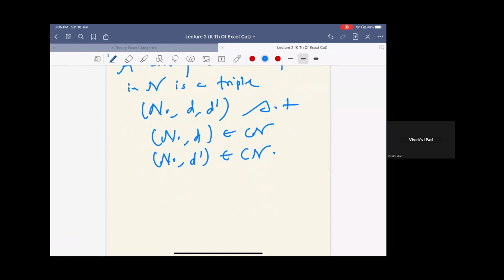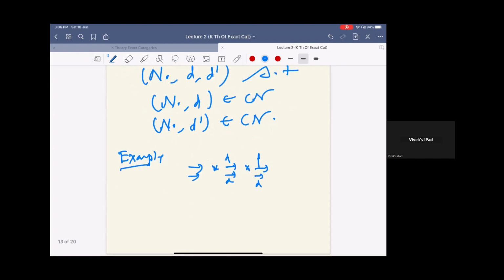So what is a stupid example of a binary chain complex? Of course, take any chain complex and take the same differential. I did not say d and d' are different. They may be the same. If it is d, then you take (d, d); both are actually the same differential.